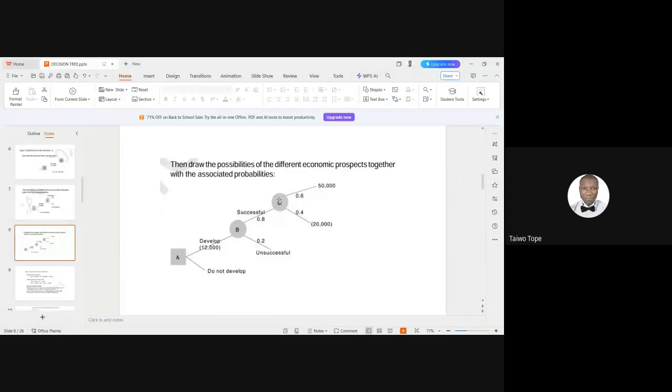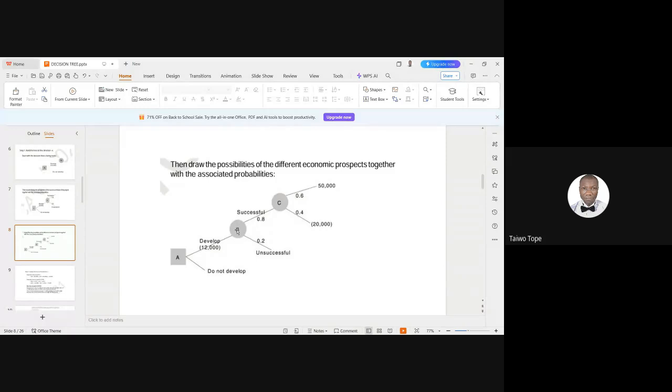Now, the expected value of successful is what? 22,000. For unsuccessful is what? It's 0. So if you want to get the EV at point B, what will be the expected value at point B?